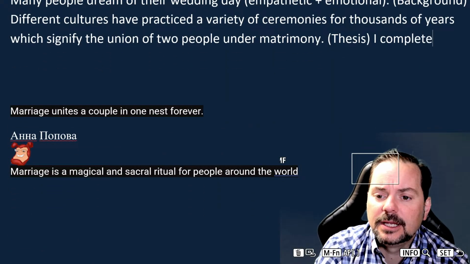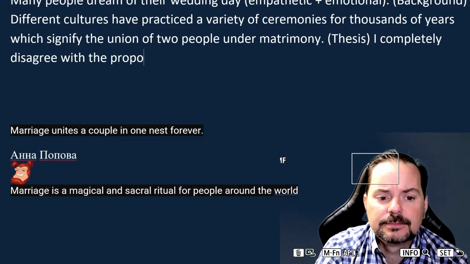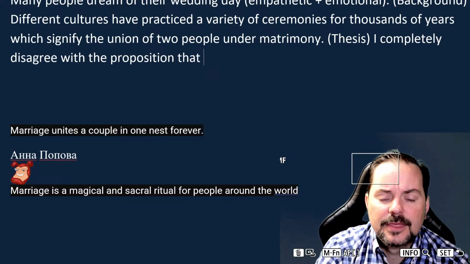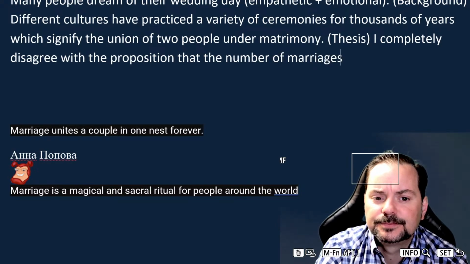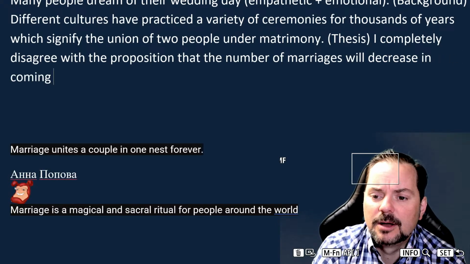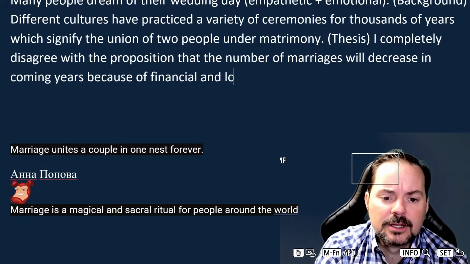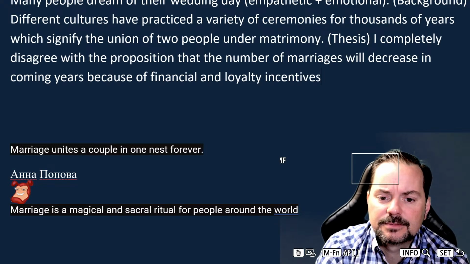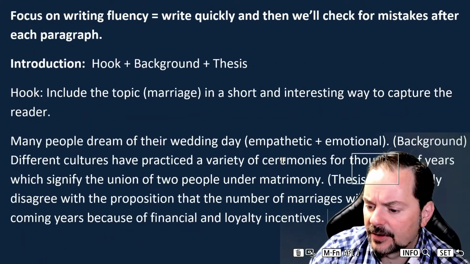I completely disagree with the proposition that the number of marriages will decrease in coming years because of financial and loyalty incentives. Okay? So that's my introductory paragraph, all right?